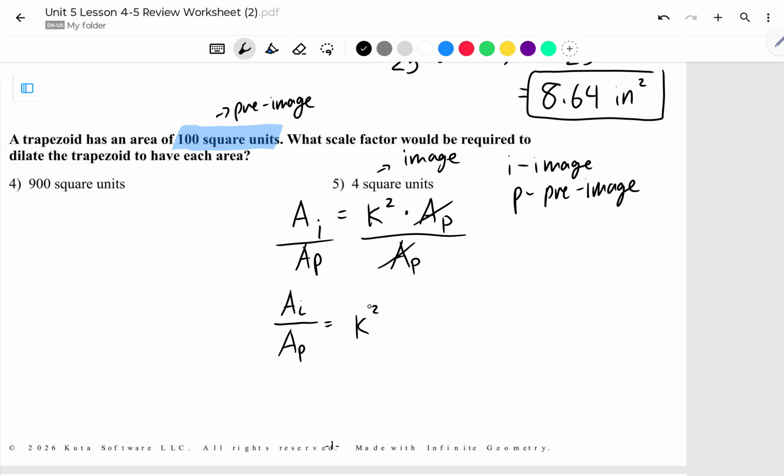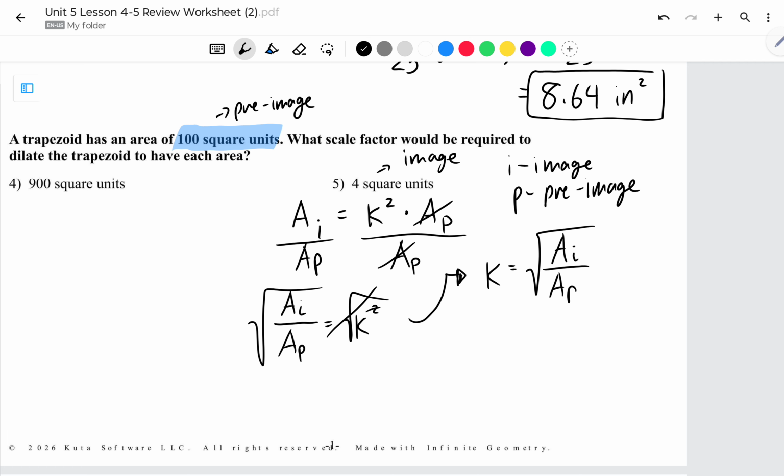And if I'm solving for k, I need to square root both sides. That cancels out. So k is going to be equal to the square root of the area of the image over the area of the pre-image. Now that I have my formula rearranged, let's plug my values in.